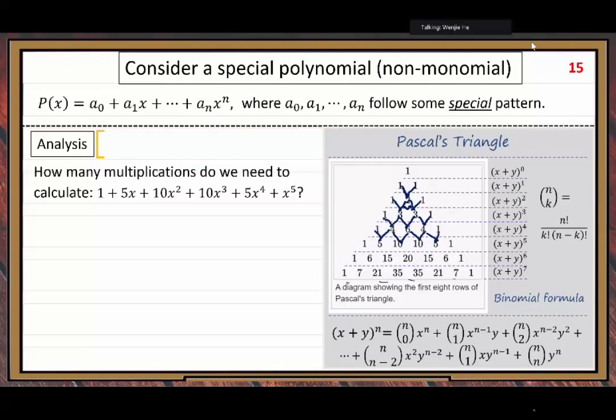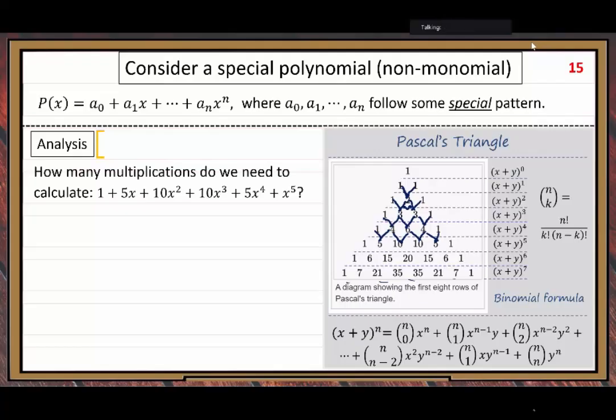If you do not take advantage of the special structure, how many multiplications do you need? Think about it. By Horner's rule, how many multiplications do you need?